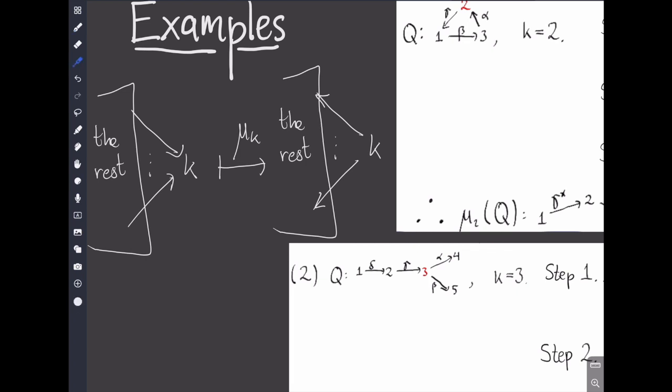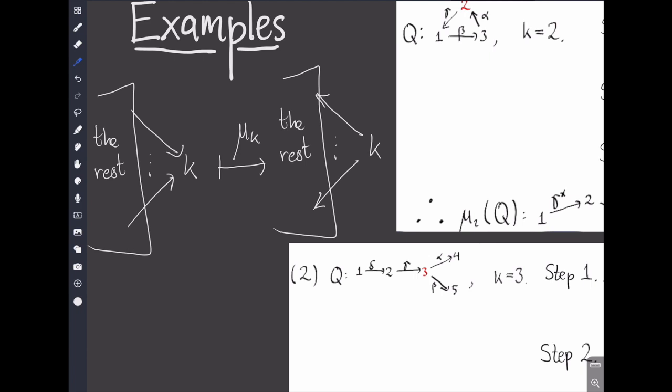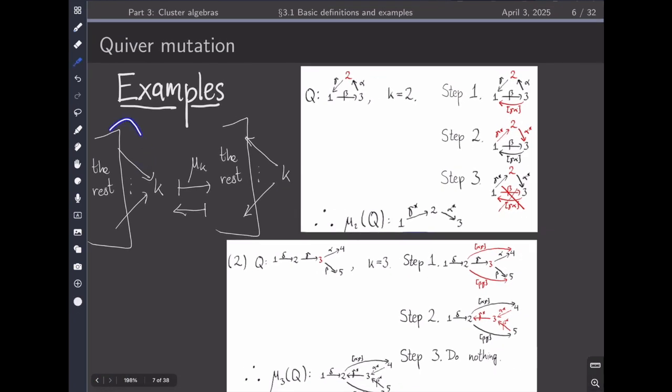And same thing if you started with a source, that is, if in your original quiver you had a vertex with the property that no arrow ends at K, the quiver only has arrows beginning at K. Then it's again just arrow reversal for the arrows incident at K. And you see, at least in these 2 cases, it's obvious that mu k of the quiver is the original quiver, up to isomorphism of quivers, because it's just arrow reversal each step.